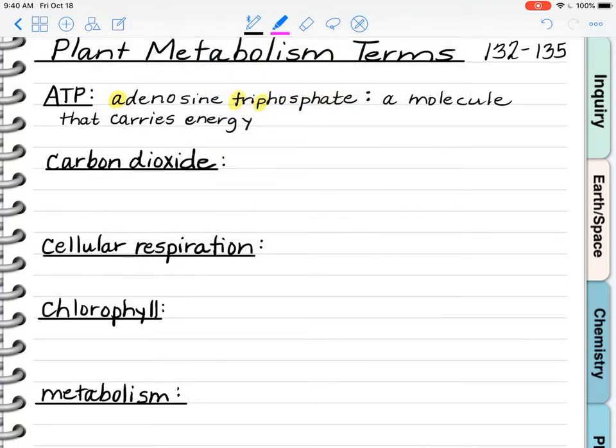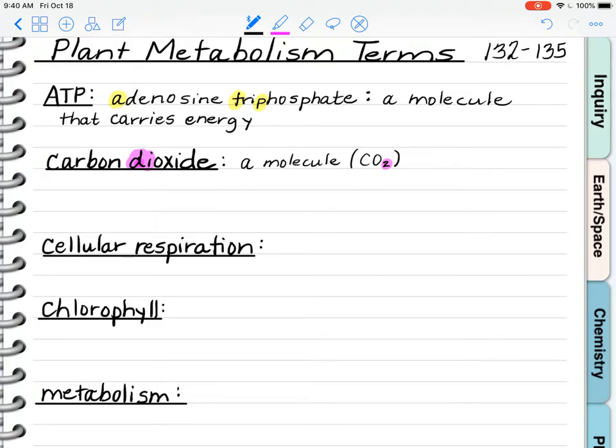We need those molecules in our body to carry energy. Carbon dioxide, di is a morpheme. Carbon dioxide is a molecule, and its symbol, again, instead of writing out carbon dioxide, we will usually just use CO2. That's what di means, two. So di is two. Carbon and two oxygens.